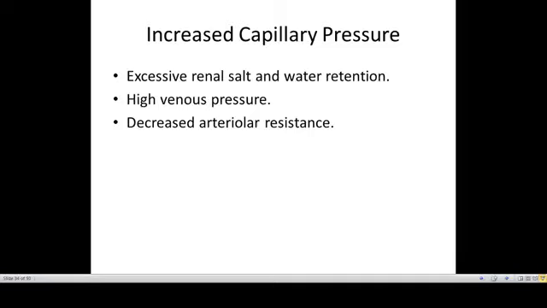This can result from excessive renal salt and water retention, as in renal failure and mineralocorticoid excess, or due to high venous pressures seen in heart failure and venous obstruction, or maybe due to decreased arteriolar resistance because of excessive body heat and vasodilator drugs.